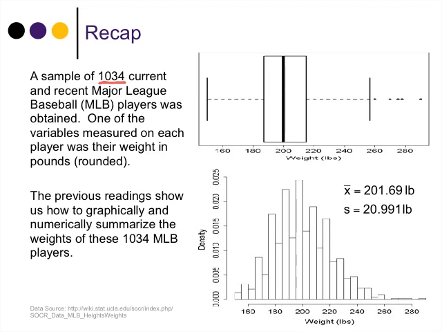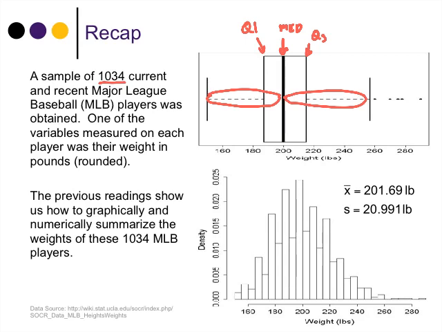So we can see here that we have reasonably symmetric data in terms of its frequency distribution. Recall here that this is the median. This here is the third quartile, and this here is the first quartile.